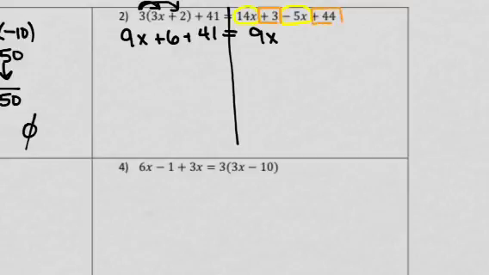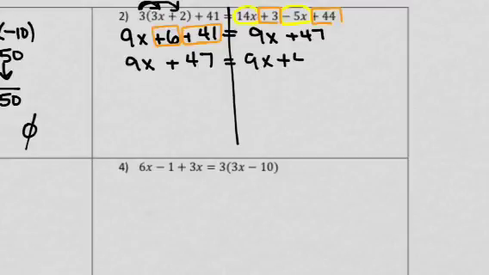So that would be plus 47. Going back over to this side, we have plus 6 plus 41. So that gives me the 9x that I had plus 47 equals 9x plus 47.